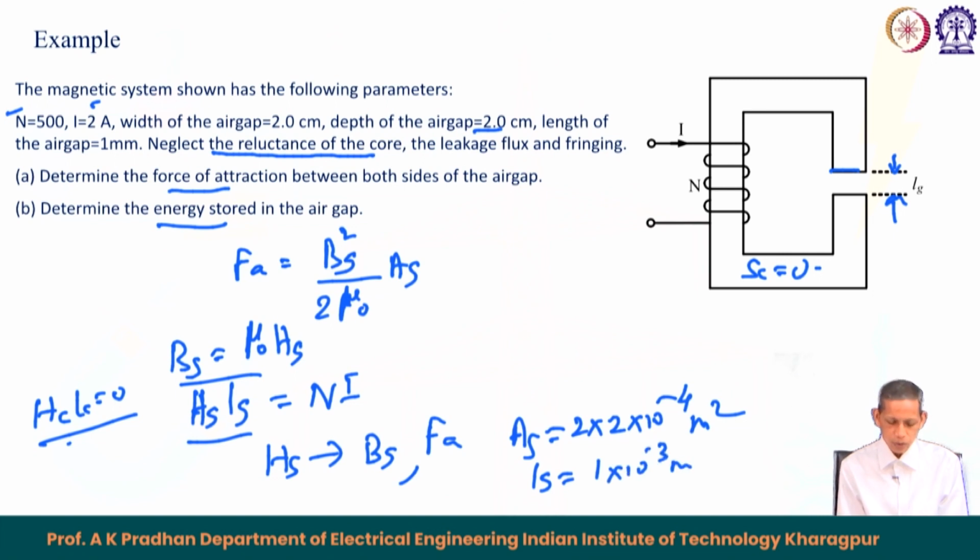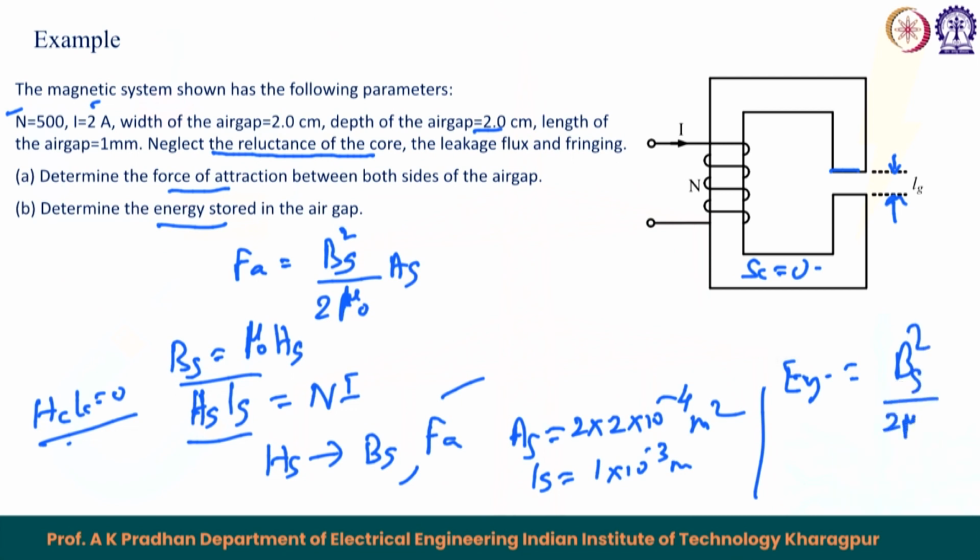From this data we can find out the corresponding Fa, and we can find out the corresponding energy stored in the air gap, that equals Bg squared upon 2 mu naught into the volume of the gap, which equals Ag into Lg. So, that way we can calculate the corresponding energy in the air gap.